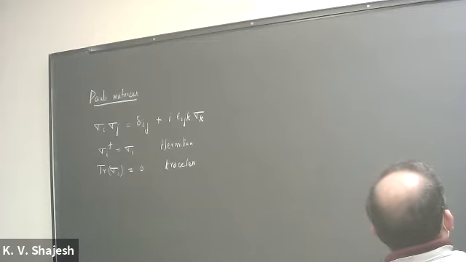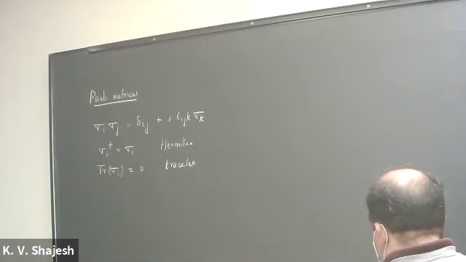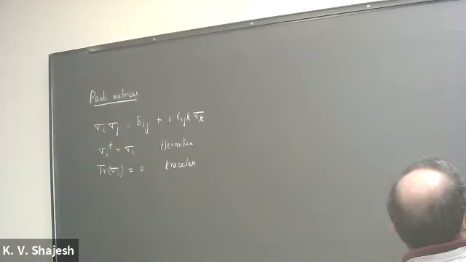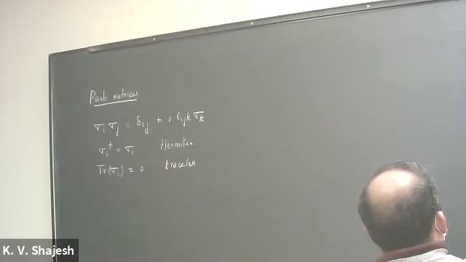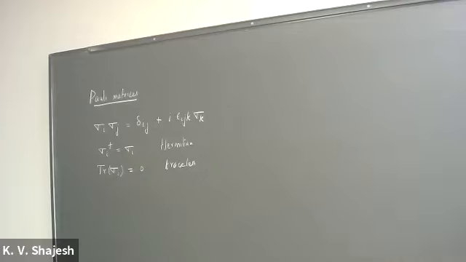It preserves the Hermitian property, like using them as transforms. U dagger is equal to U inverse, so the inverse of the matrix is the Hermitian conjugate of the matrix. That's exactly right.